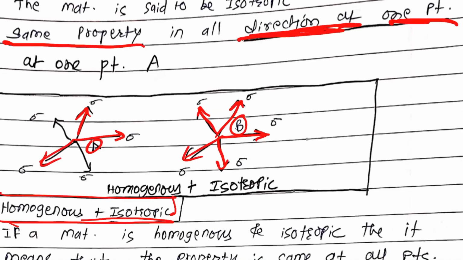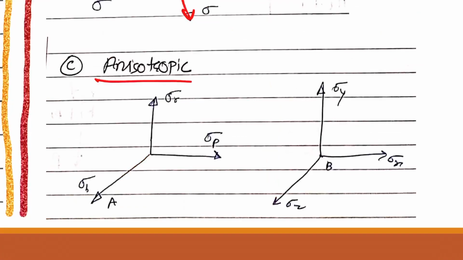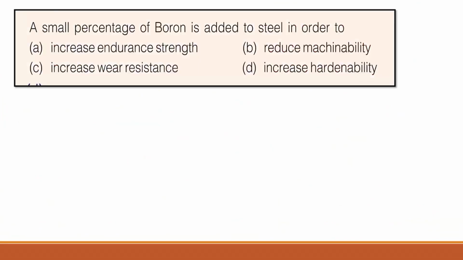And guys, we have another material called anisotropic material. So this is point A, this is point B, so different properties in different directions at different points, that is anisotropic material, right.